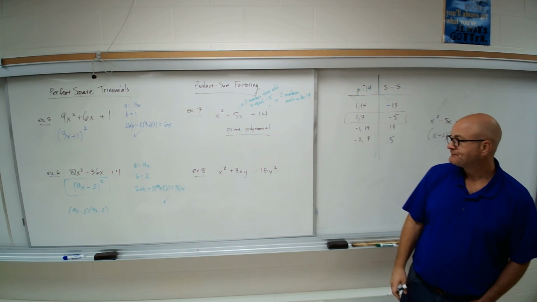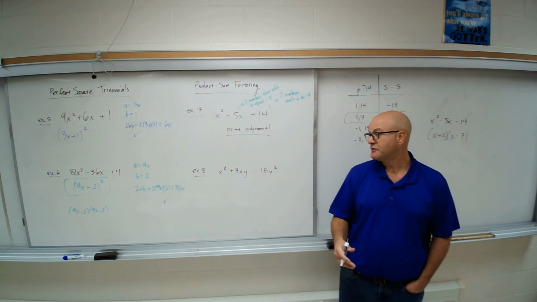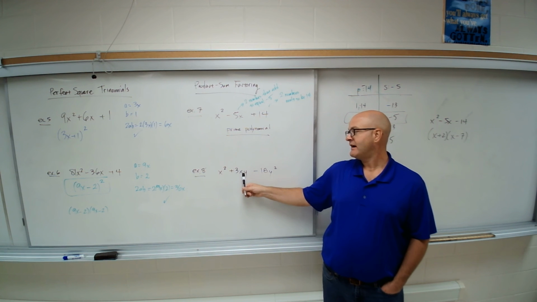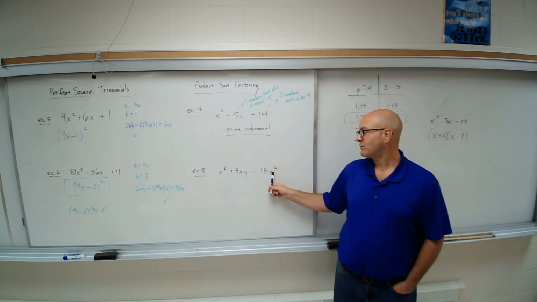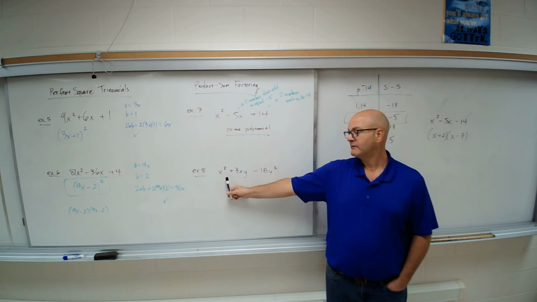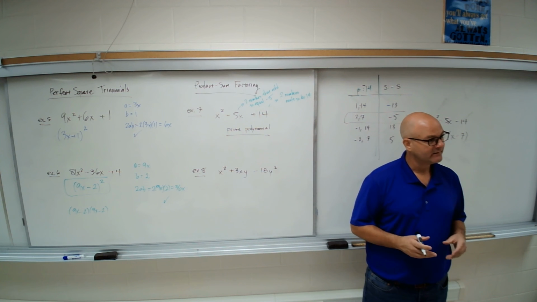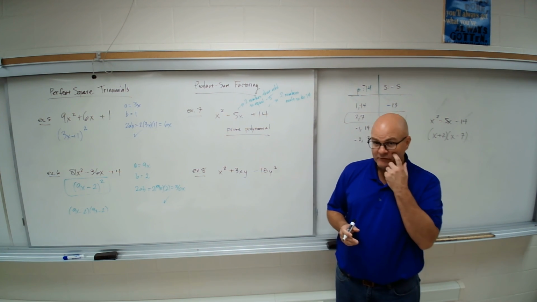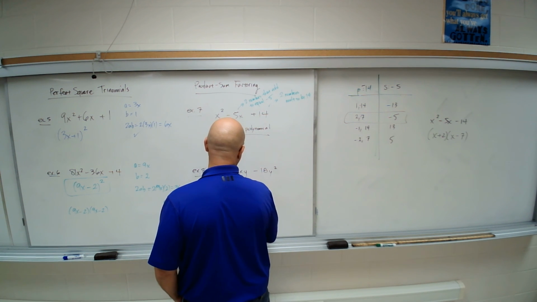Last one here. We're going to really factor it the same way, but you'll see these from time to time. We notice there's two variables. X squared here and x in the second term. There's no x in the third, but there is a y squared, and then xy in the middle, and then no y in the front one. This is a really common kind of pattern to see. What's going to happen here is that our first term in each parenthesis is still going to be x and x.